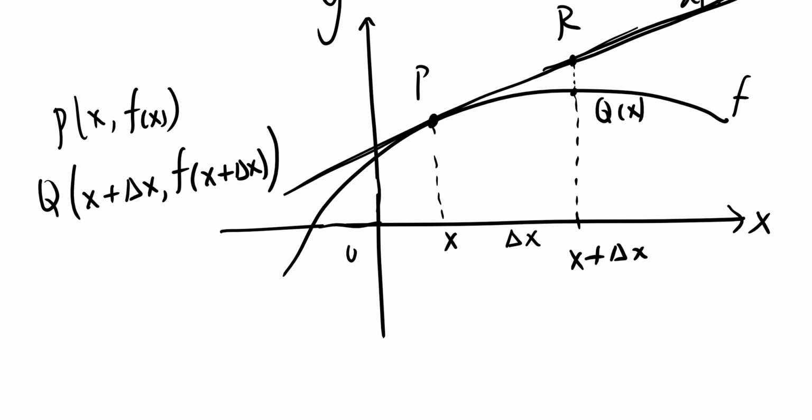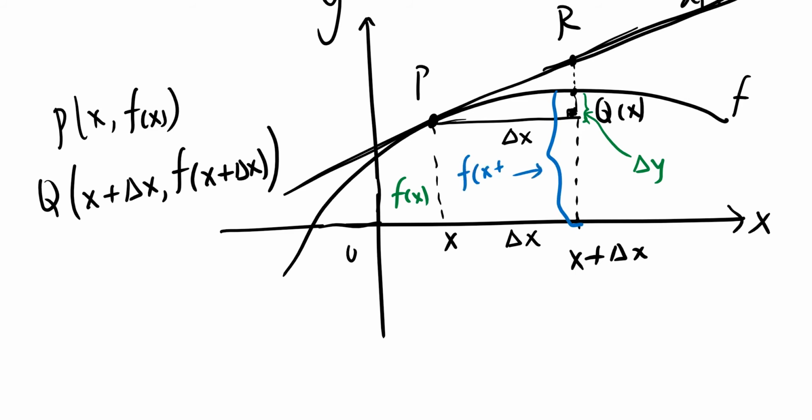Where is delta y? Well, let's project this up this way. That's 90 degrees. This is delta x. This distance, I'm going to label here in green, is delta y. So if I want to find delta y, notice this distance is f of x. This distance, from here to here, is f of x plus delta x.